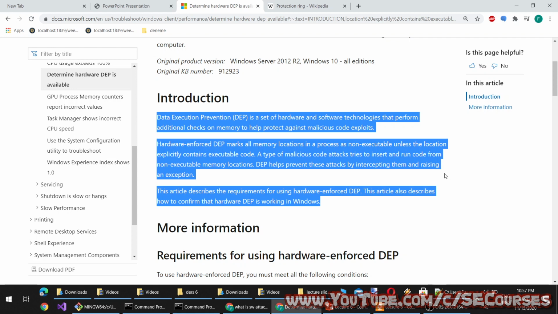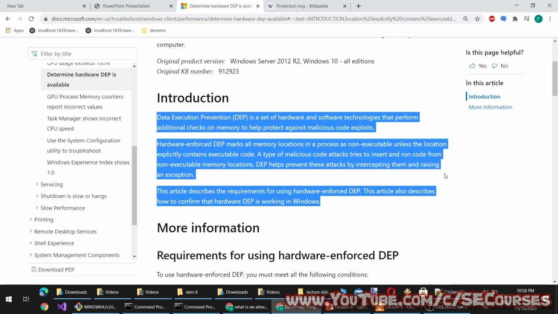Hardware-enforced DEP marks all memory locations in a process as non-executable unless the location explicitly contains executable code. A type of malicious code attack tries to insert and run code from non-executable memory locations. DEP helps prevent these attacks by intercepting them and raising an exception.